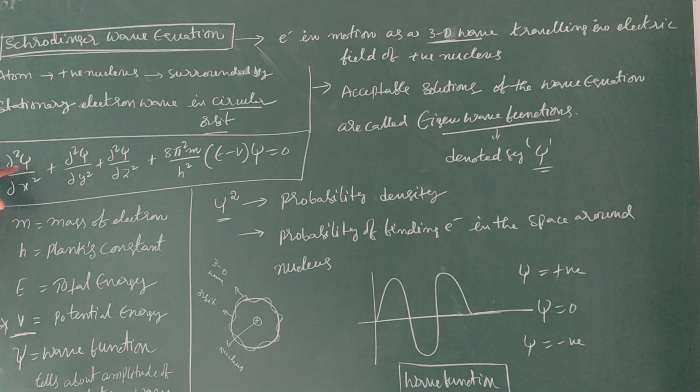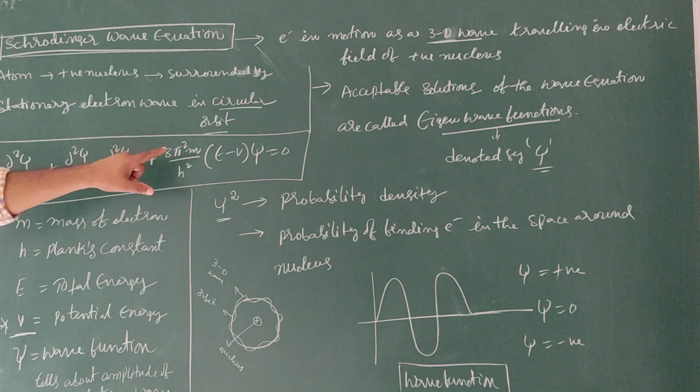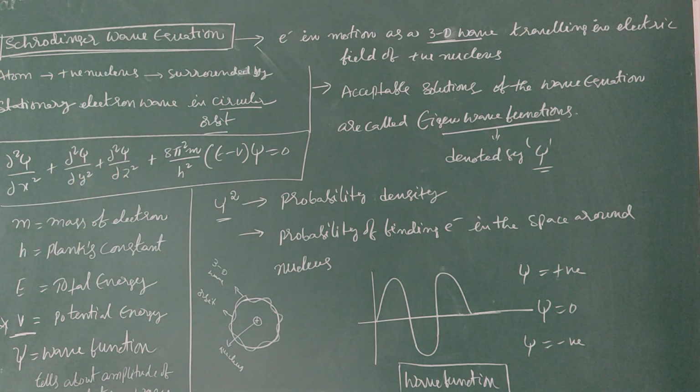The equation is: del square psi by del x square plus del square psi by del y square plus del square psi by del z square plus 8 pi square m by h square into (E minus V) into psi is equal to 0.